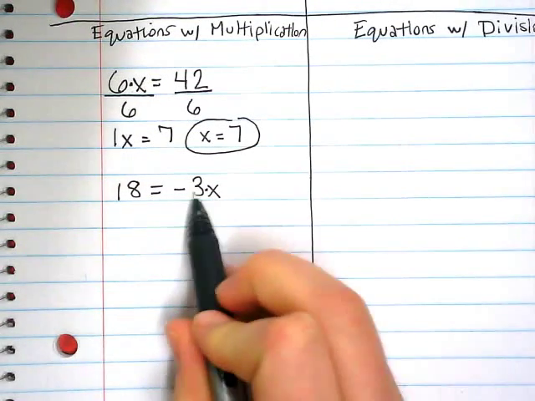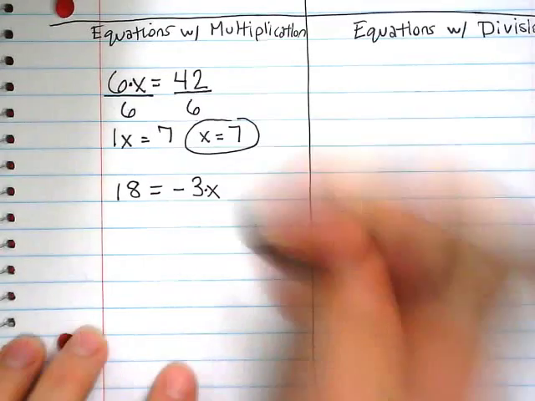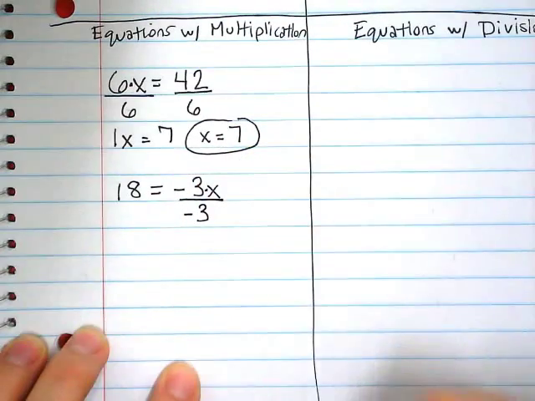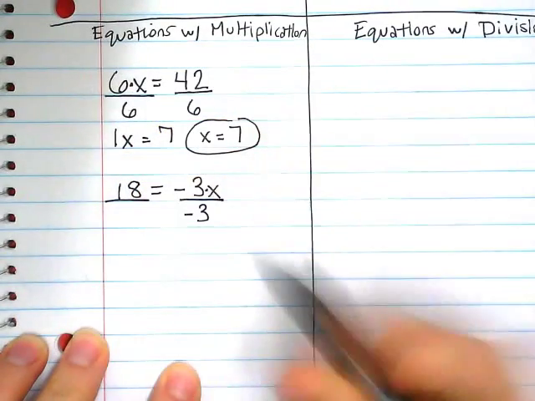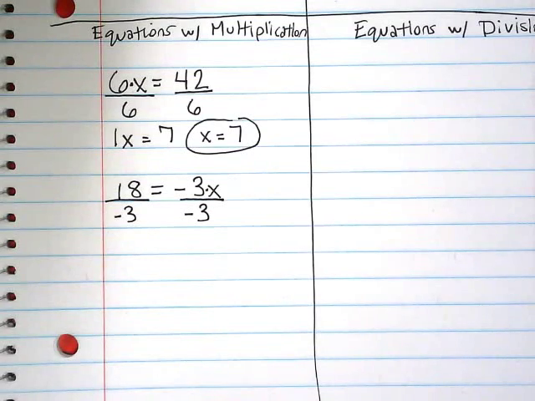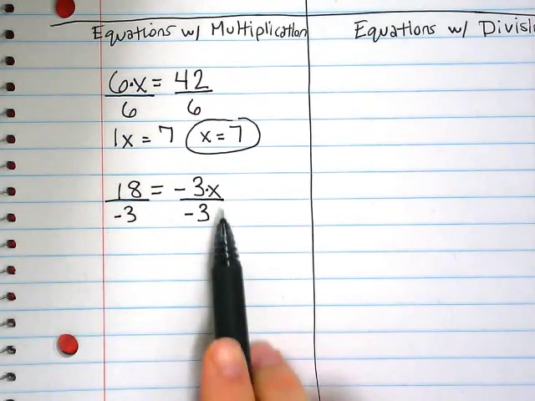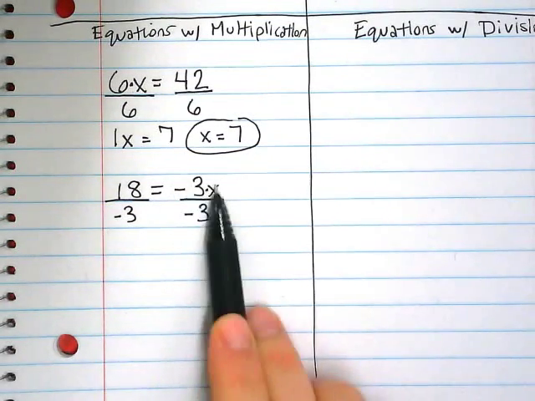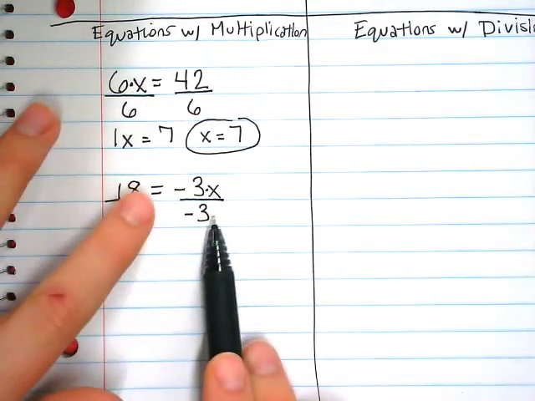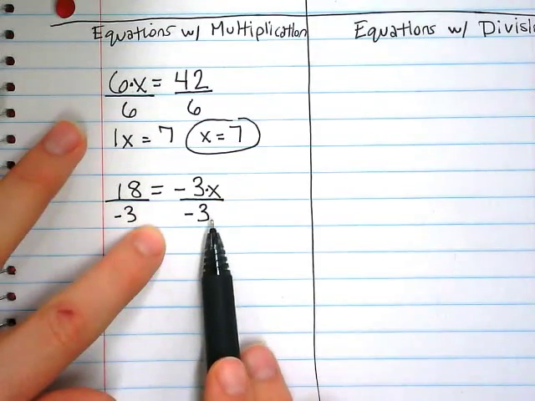And since these are being multiplied, what I want to do is divide that negative 3 off. And since I did it to this side, I'm going to do it to the other side as well. Looking over here, we have negative 3x divided by negative 3. I know a negative divided by a negative is a positive.